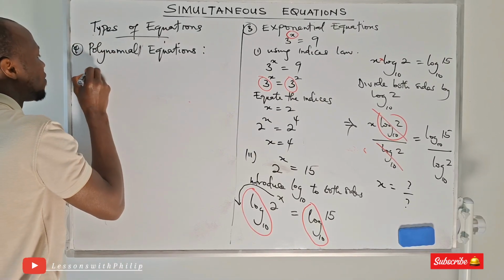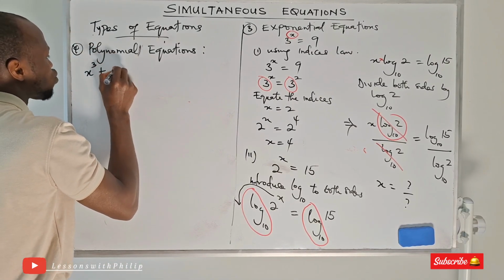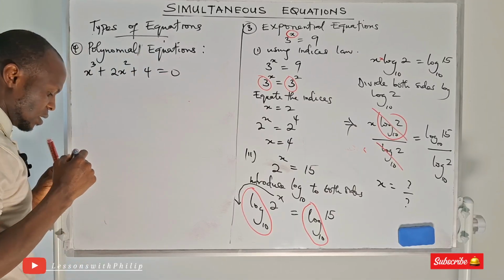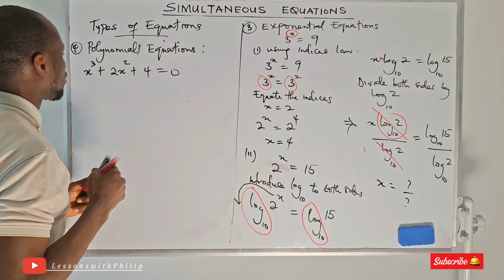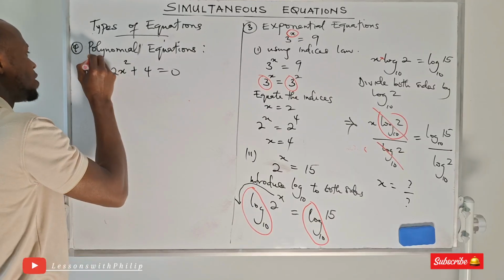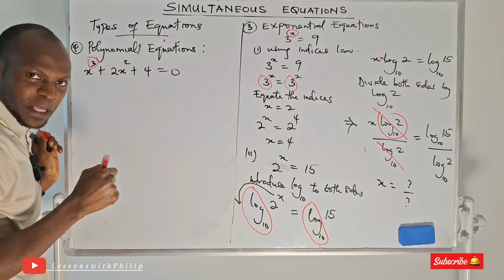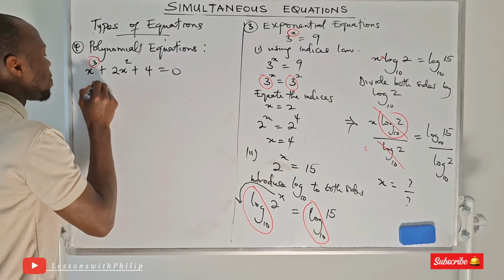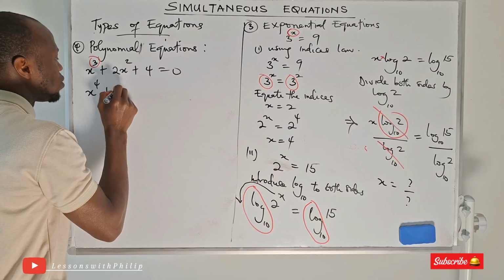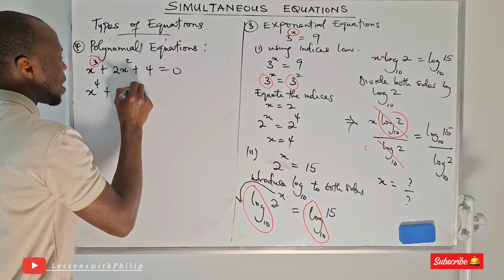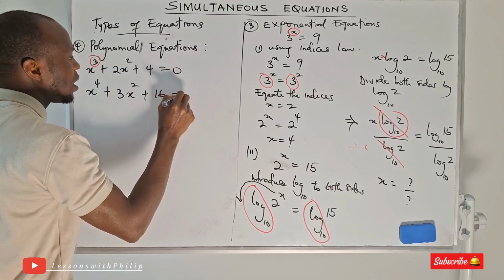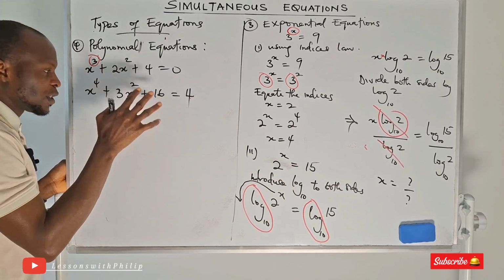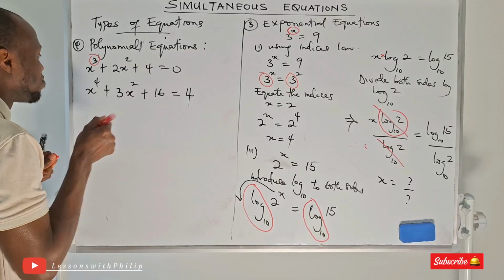For example, if I have x raised to power 3 plus 2x squared plus 4 equals 0. Okay? This kind of equation is known as polynomial, whereby you see the variable has a power of 3. Now you can still have an equation like this: x raised to power 4 plus 3x raised to power 2 plus 16 equals 4, for example. This kind of equation is still a polynomial because you see the power is more than 2.